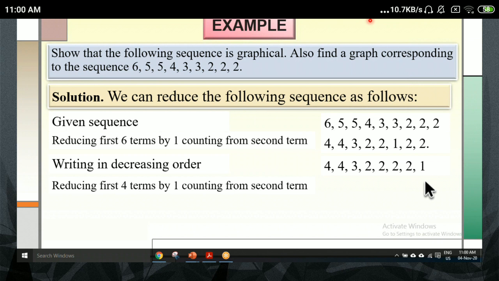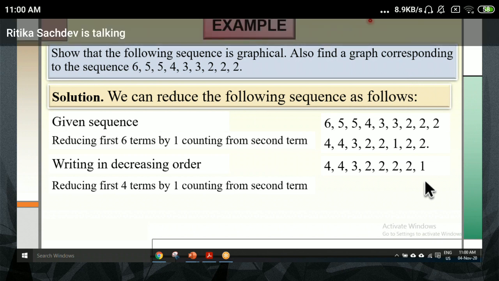Nivedita went a step further. 22111. Nivedita, I think you people are not able to understand.